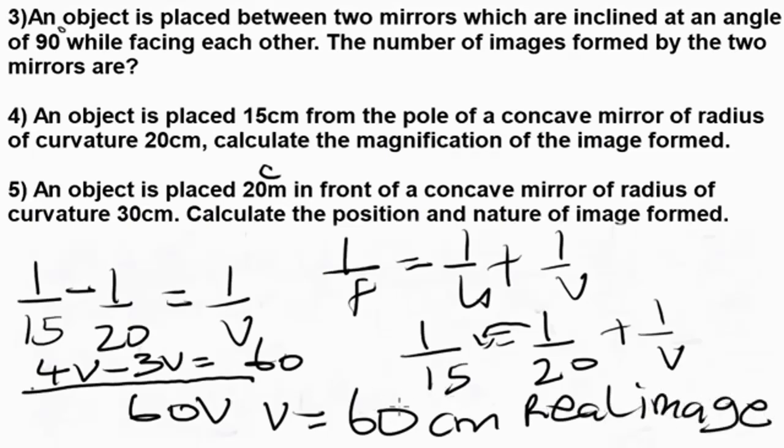Had we got a negative value, it would have been a virtual image. Alright, so since we have a positive value, this is a real image. When you have a negative value, it is a virtual image.